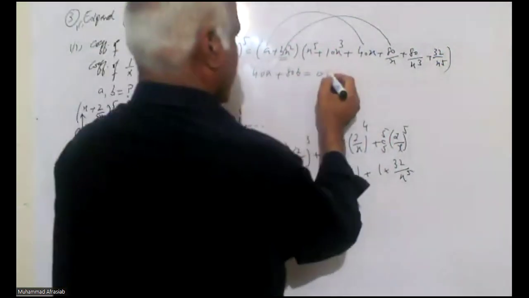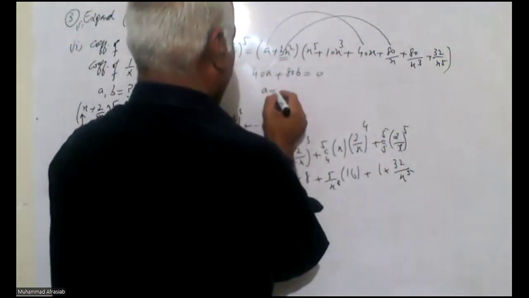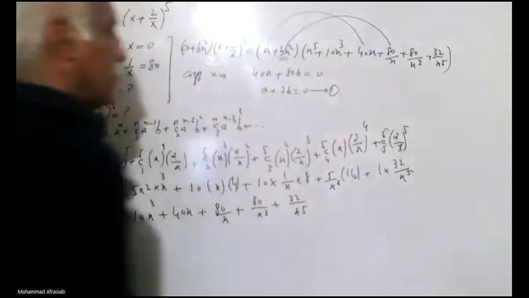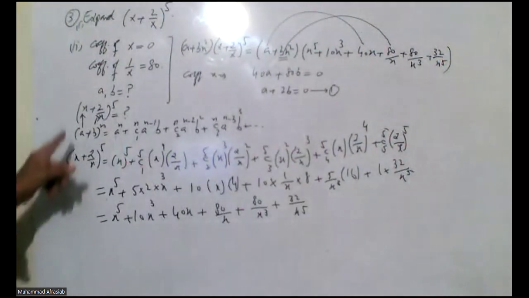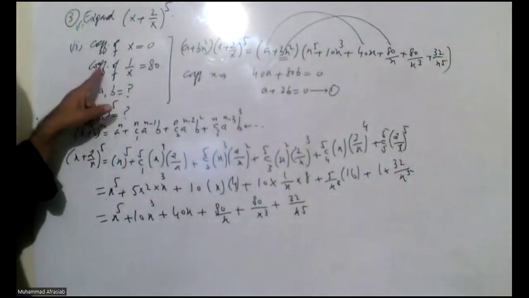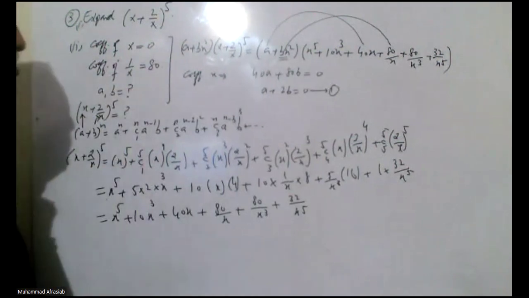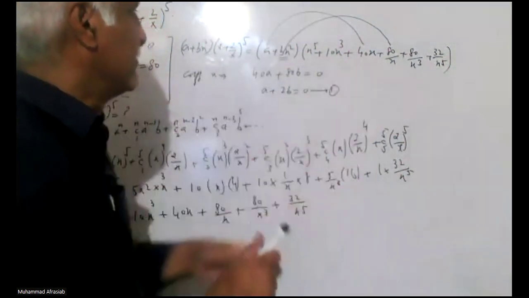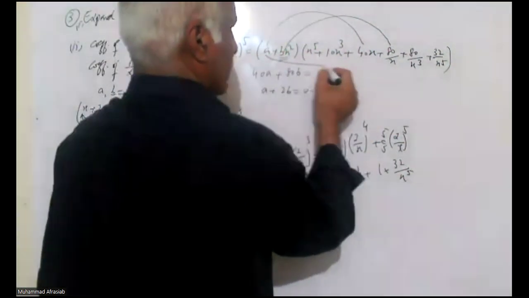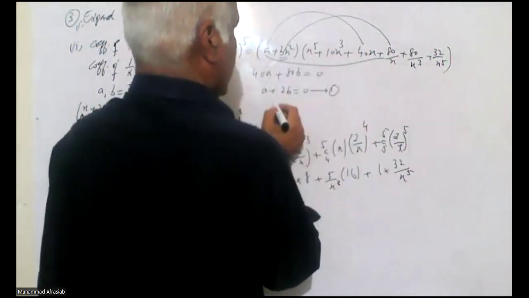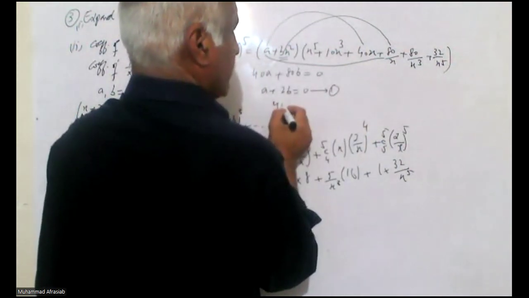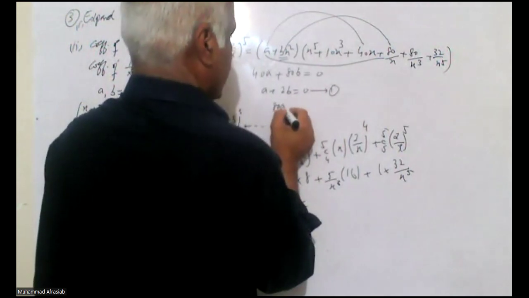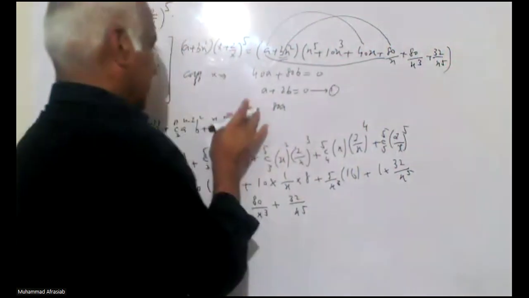So 40a plus 80b is equal to 0, or you can write it as a plus 2b is equal to 0. Let's say it is equation number 1. Then they said the coefficient of 1 over x is 80. Now for 1 over x, a is going to be multiplied by this 80, so that is 80a, for 1 over x only.